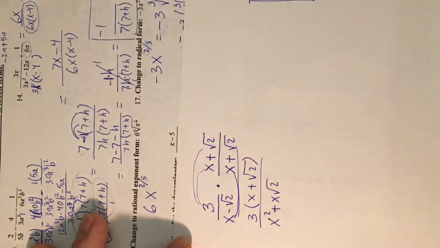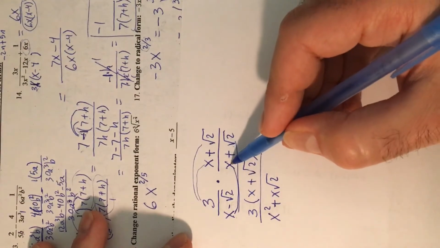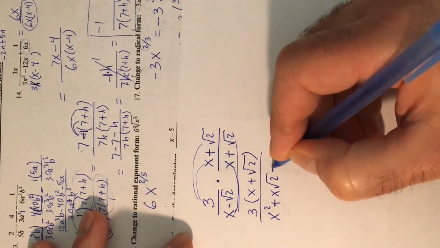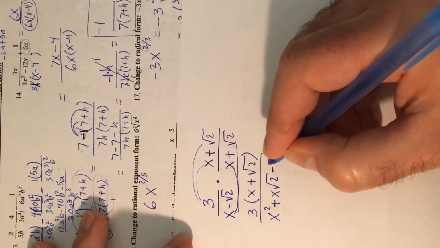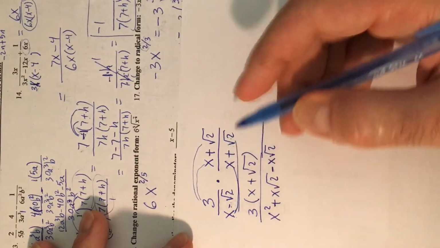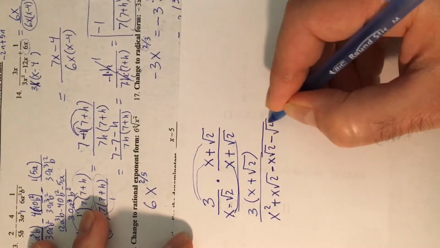So we finished distributing the x. Now we're going to distribute the negative square root of 2 times both of these. So negative square root of 2 times x, a negative times a positive is negative x square root of 2. And then negative times a positive is negative. What's the square root of 2 times square root of 2? Well, it's square root of 4.